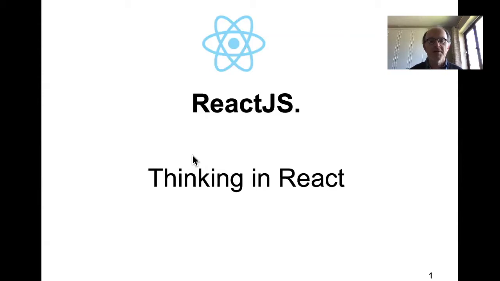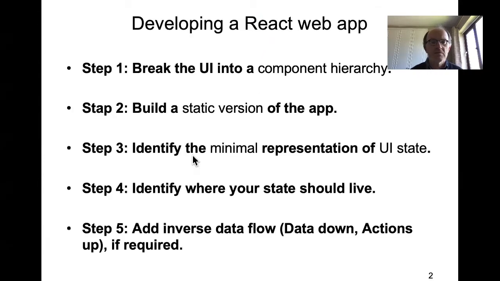So the article Thinking in React gave us a kind of process that we follow in order to come up with a hierarchical component structure, with some components being stateful and stateless, and all of those objectives. In summary, the article came up with these steps that you go through. It's a process, and like all processes, it is iterative.